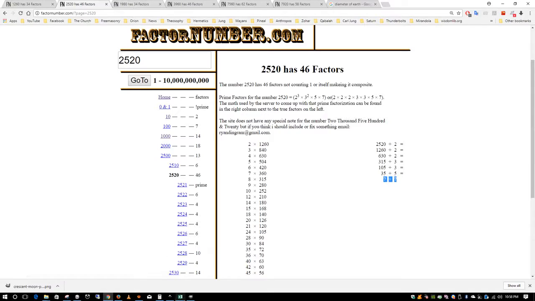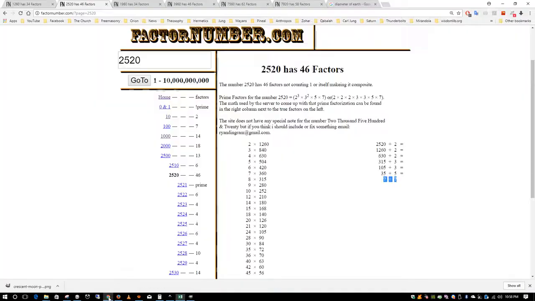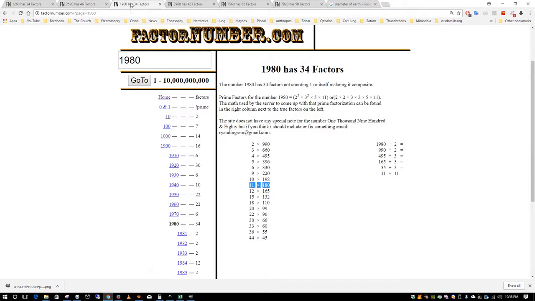So then if we take a look at the 1980, it represents our pi over 2, right? Because this is 11. This is pi, 22. This is pi over 2, which is 11. So if we take a look at 1980, we can see that it is an 11.